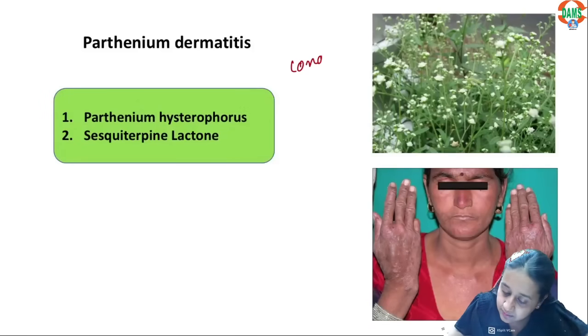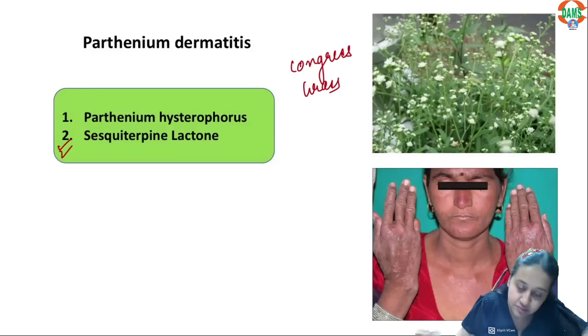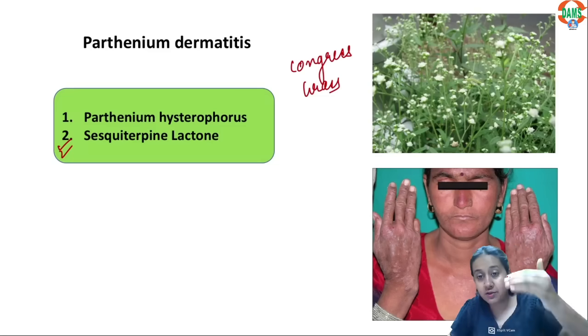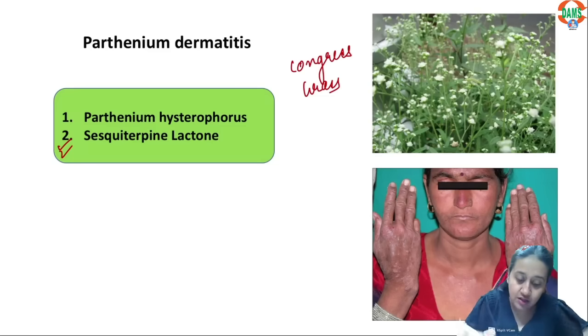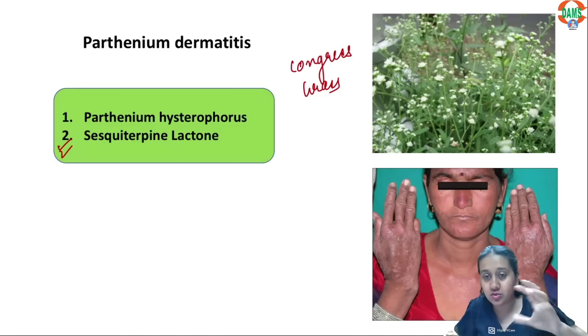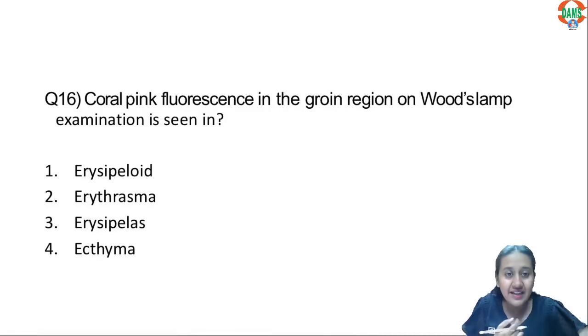This is a very classical Parthenium plant which is also known as Congress grass. And the allergen present is sesquiterpene lactone. It is a very classical airborne allergen which spreads through the air.